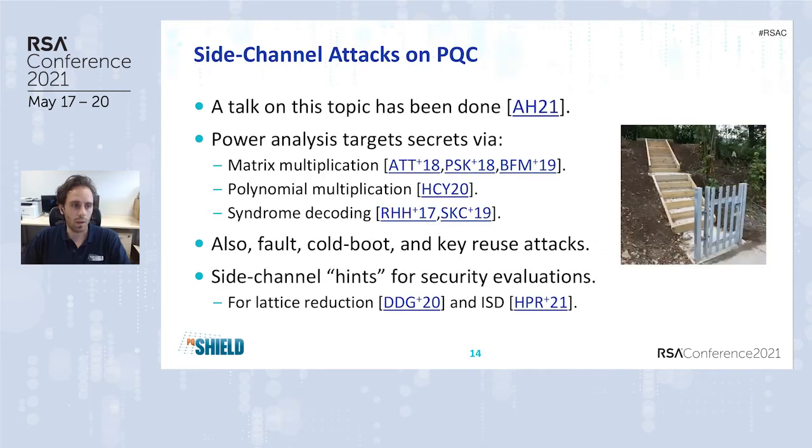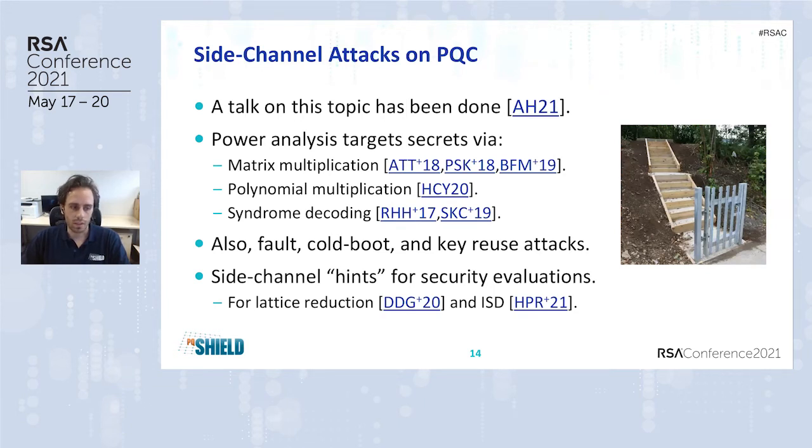Yeah, we also in the paper looked at side channel analysis. So we consider things like power analysis on the core multiplication methods required for each family within post-quantum, for example matrix multiplication.